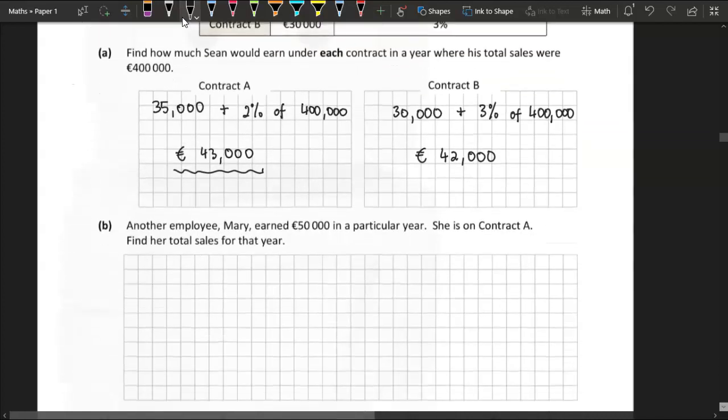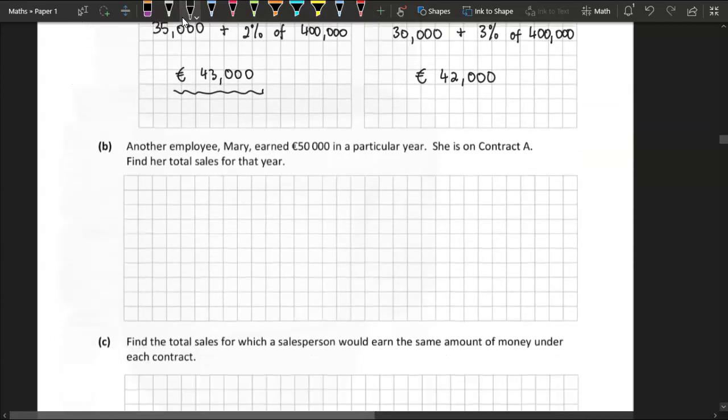50 grand in a particular year, and she is on contract A. So again, find her total sales for the year. She's earning 50 grand in a particular year. Something you got to look at there. She is earning 50 grand total. Okay, so 50 grand total is her salary plus her percentage sales.